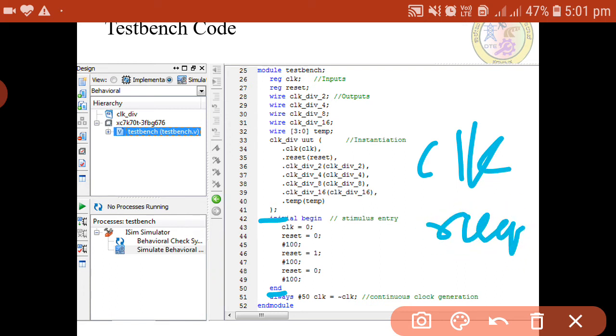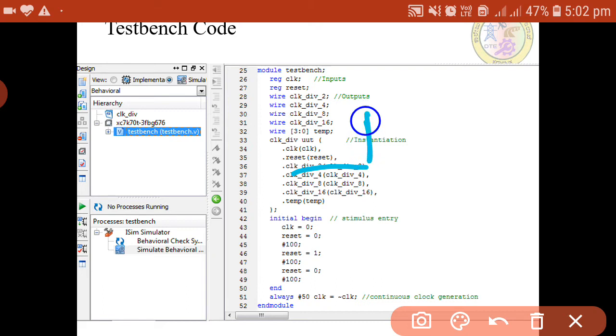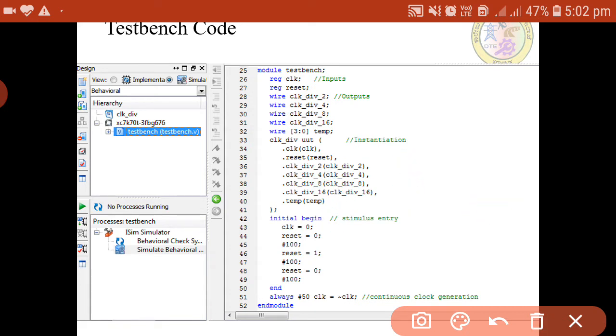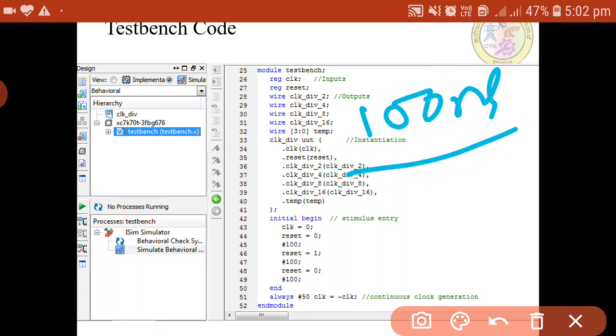The clock is declared as 0, and the reset we usually give as a pulse. If it is active high, you give 0 1 0, that is how it has been given. As it is 10 megahertz, the input clock has a 100 nanosecond time period, so a 50 off period and a 50 on period.